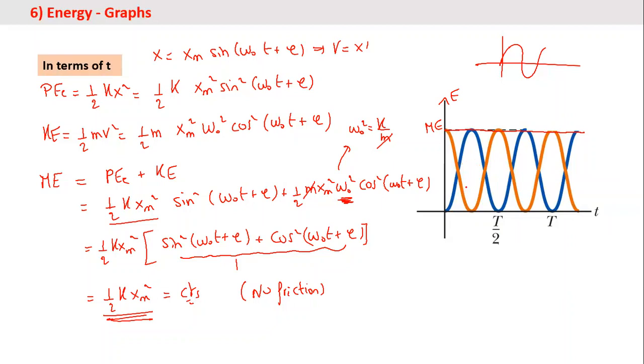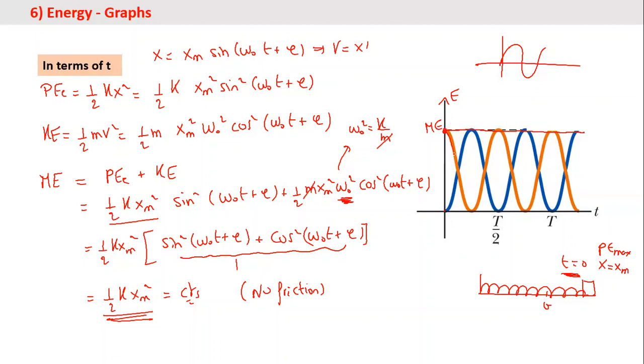In order to know which one, we go to the initial condition, according to the exercise. If they said that at t equals 0 the spring was elongated, this means x equals xm. This means that at t equals 0, I have PEE maximum. So I look at the figure: at t equals 0, which one is maximum? This one in orange.